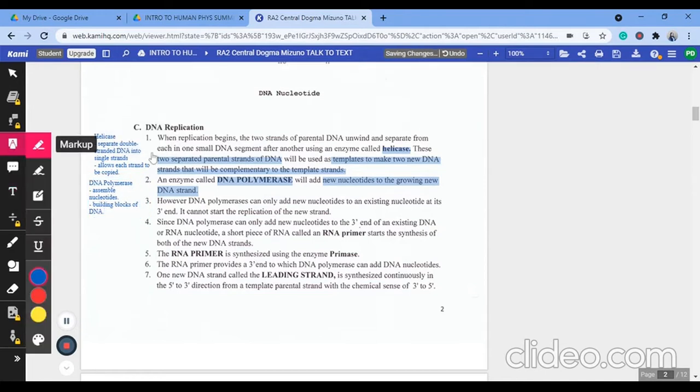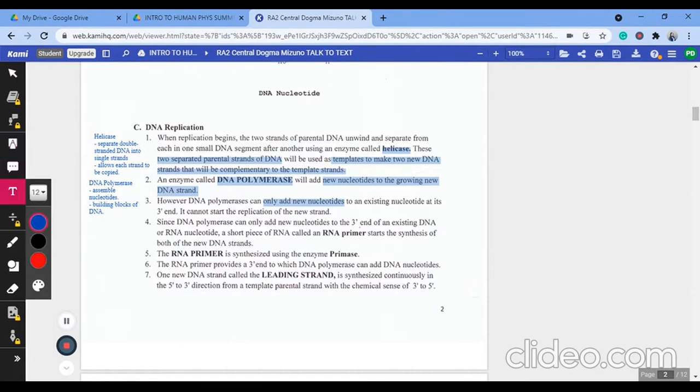Okay, moving on. However, DNA polymerase can only add new nucleotides to an existing nucleotide at its 3' end. It cannot start the replication of a new strand.